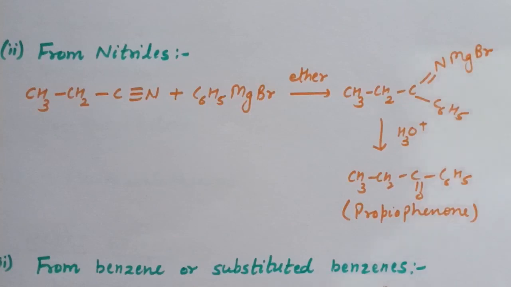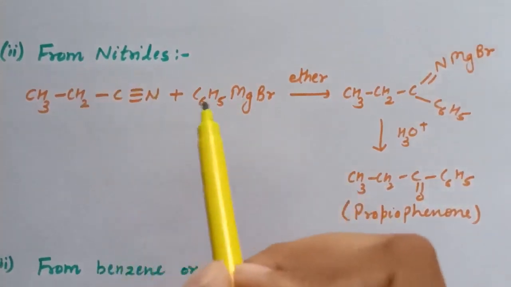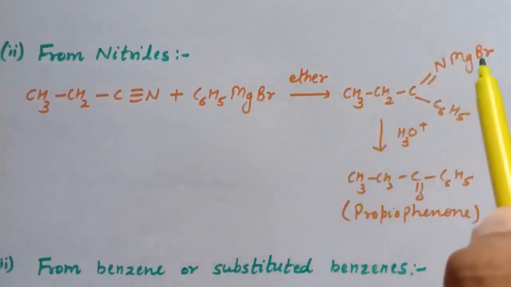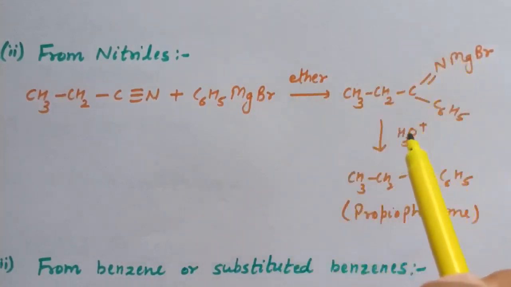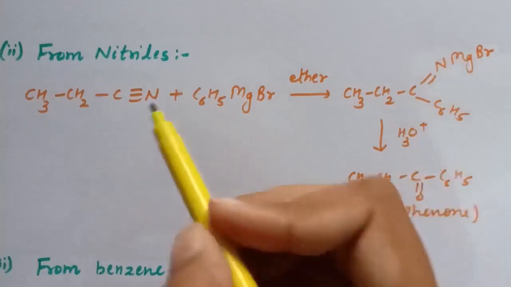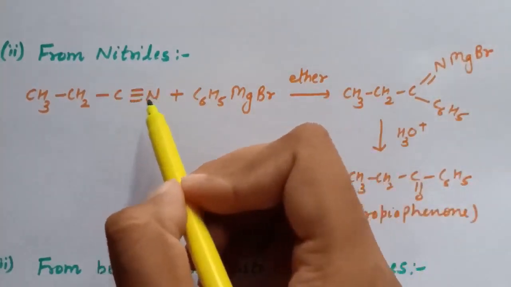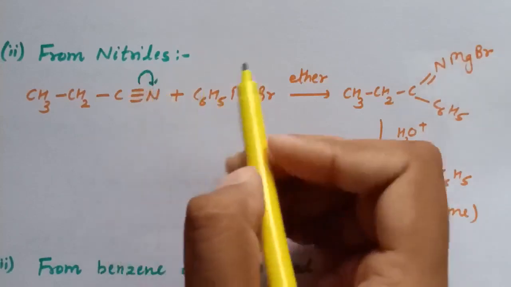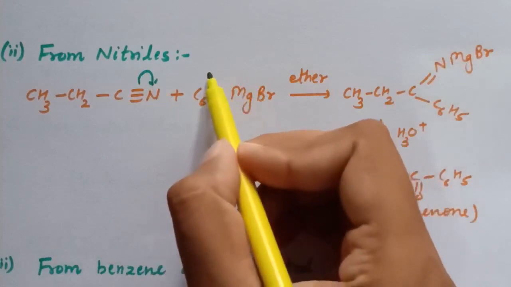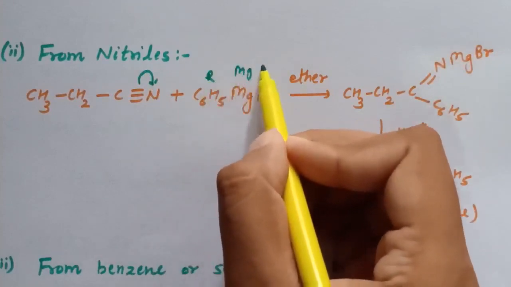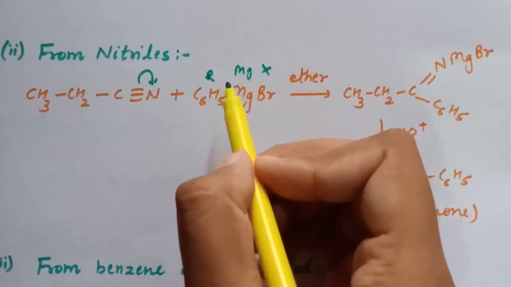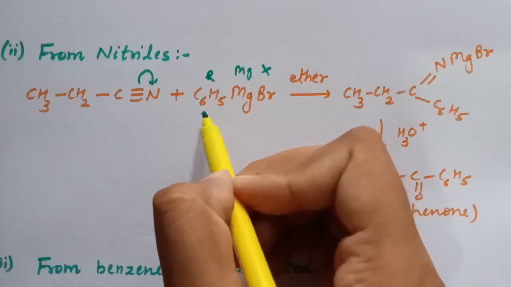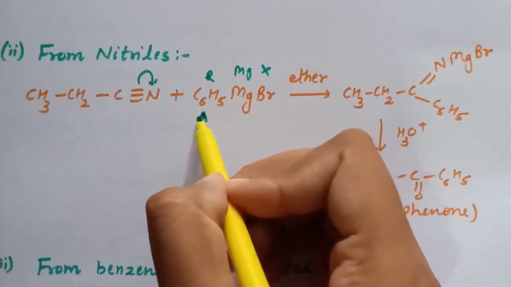Second is from nitriles. Reaction of nitriles with Grignard reagent in the presence of ether. Here this complex is formed and the hydrolysis of this complex results in the formation of ketone. Due to the difference in electronegativity, this bond will shift onto the nitrogen. In the Grignard reagent RMgX, as we know, the R is negative, that is it carries a partial negative charge.